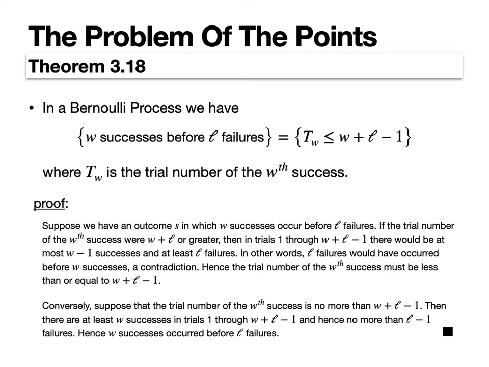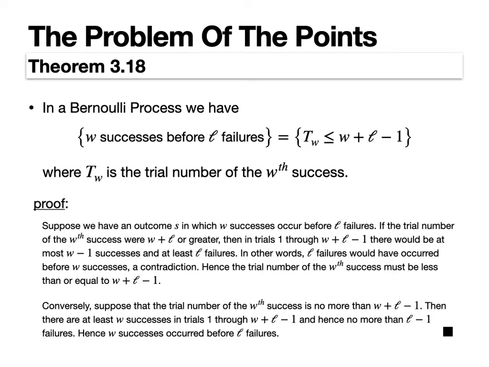If the trial number of the Wth success were W plus L or greater, that would mean that in trials 1 through W plus L minus 1, there would be at most W minus 1 successes, right? Because the Wth success came on trial W plus L or later.